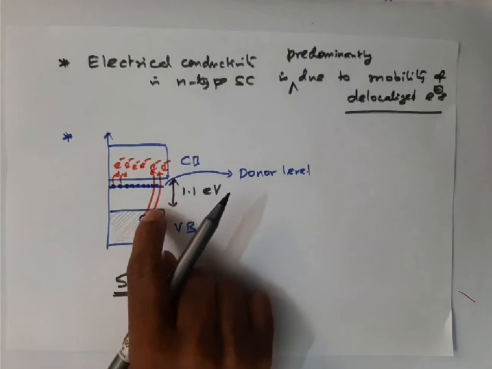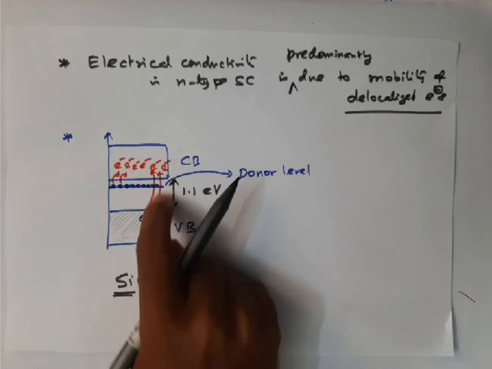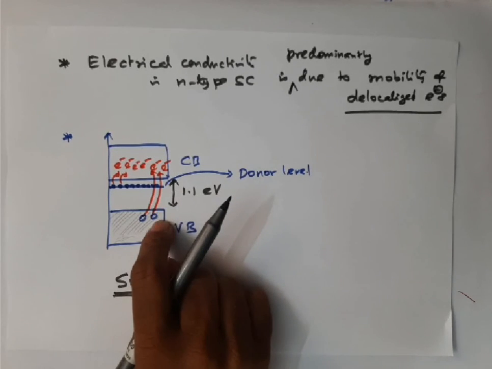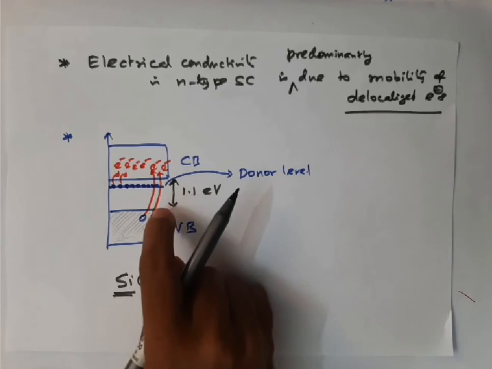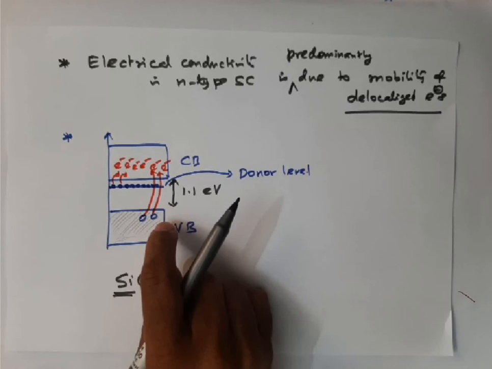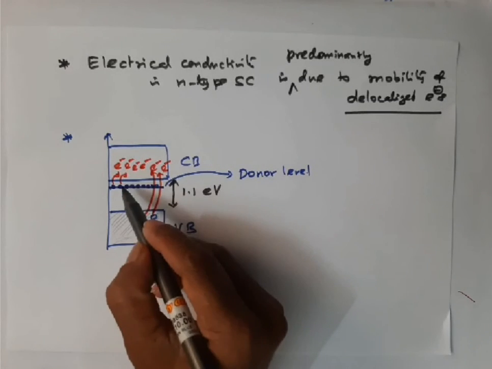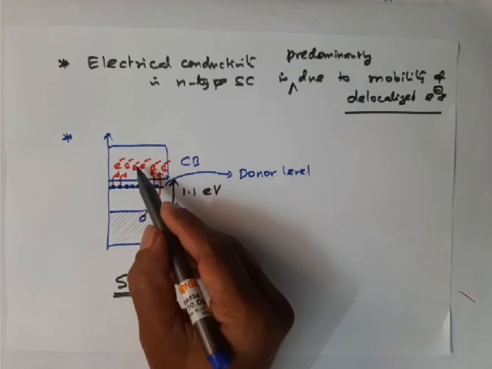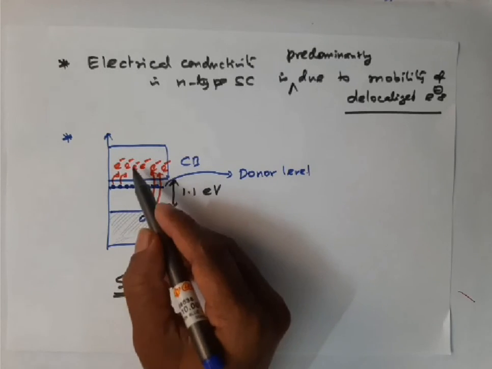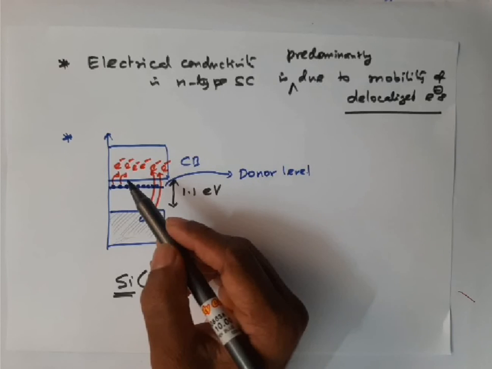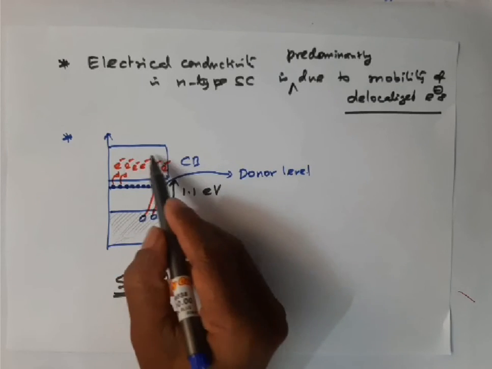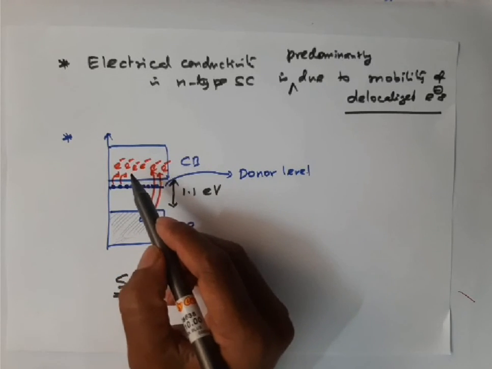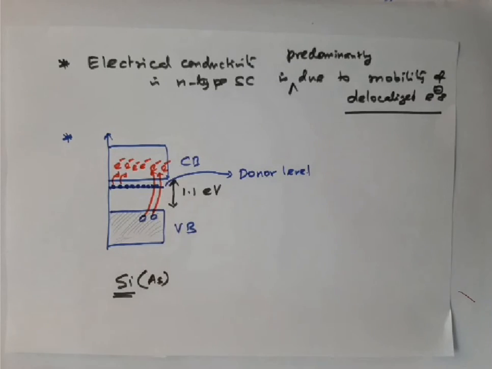If electrons and holes were generated only through thermal excitation, then the number of electrons in the conduction band and the number of holes in the valence band should be equal. But now some electrons appear in the conduction band due to the donor level. Therefore, the number of electrons in the conduction band is very high compared to the number of holes in the valence band.